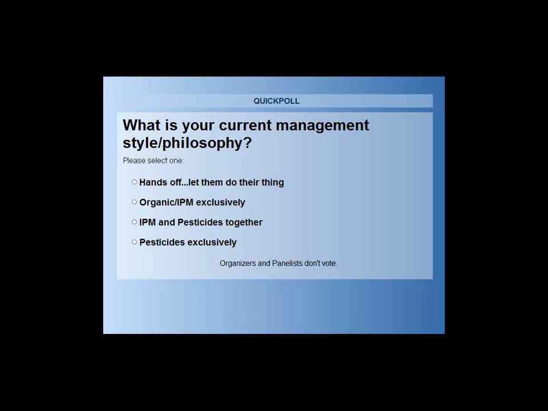Maybe you put a super on, maybe you harvest honey. The next one, organic, IPM exclusively, so you're using IPM techniques or organic treatments. The next step would be IPM and pesticides together, so things like Checkmite or Apistan in conjunction with IPM. And then finally, you're using Checkmite and Apistan or Apilife Var or formic acid exclusively.